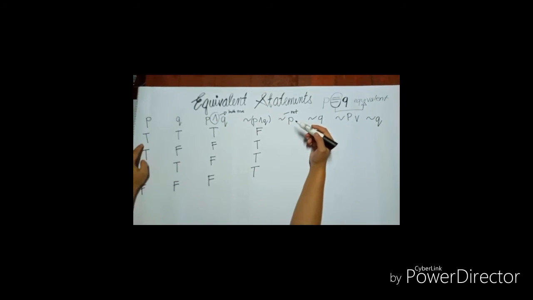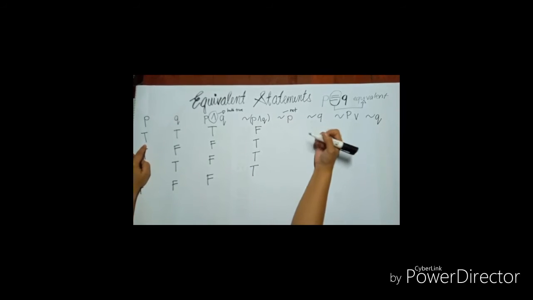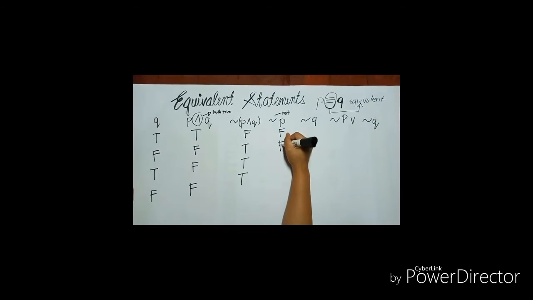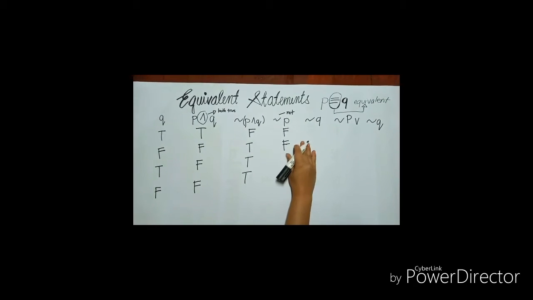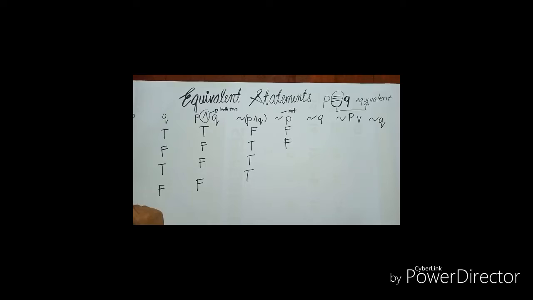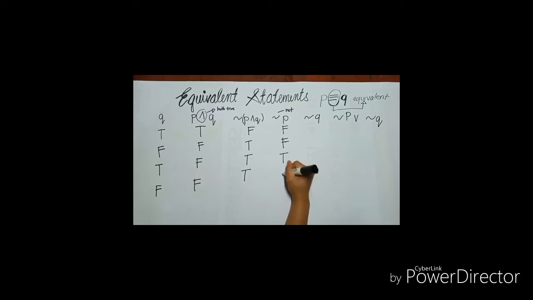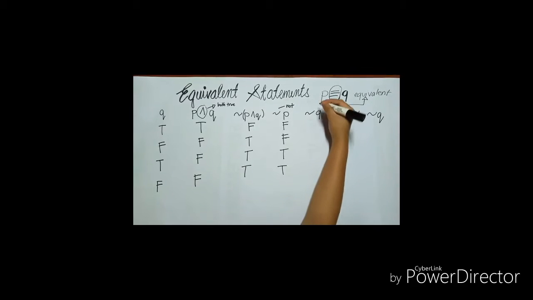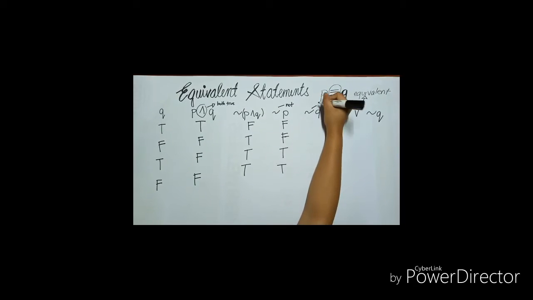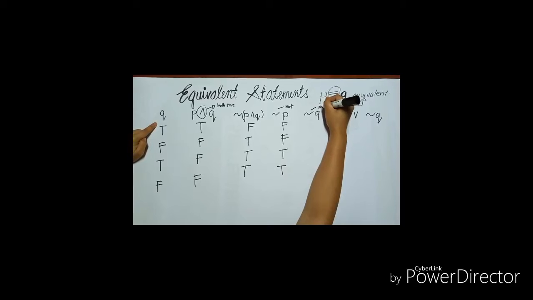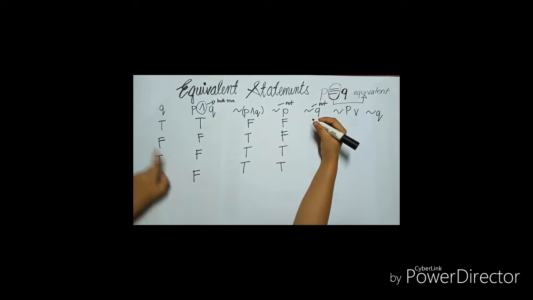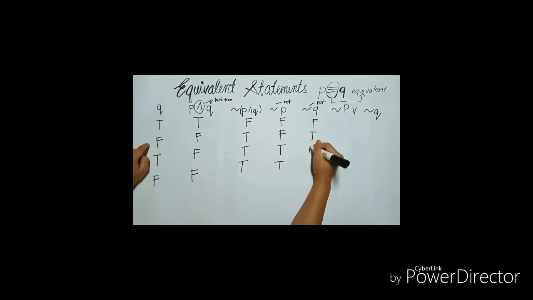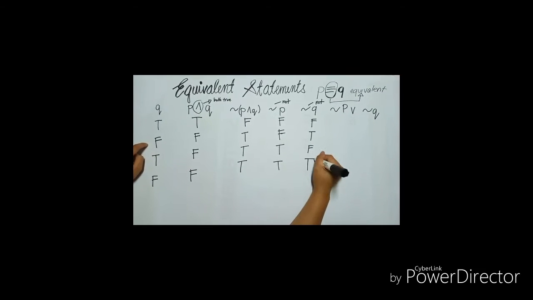So we have here true, which gives us false. False gives us true, true, and true. Our fifth column is not P. This will mean that it will be the opposite of P. P as the base statement is true, so here we have false, false, and false, then true. And here we also consider not Q. The opposite of Q is false, true, false, and true.